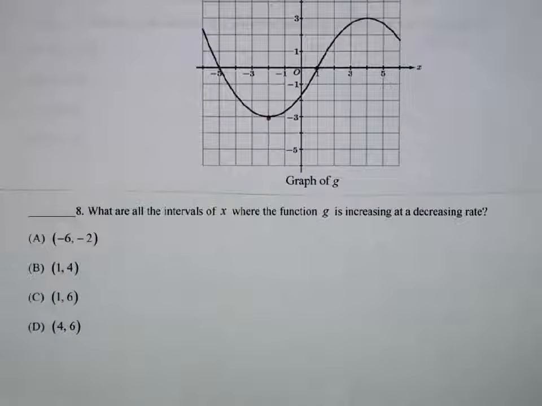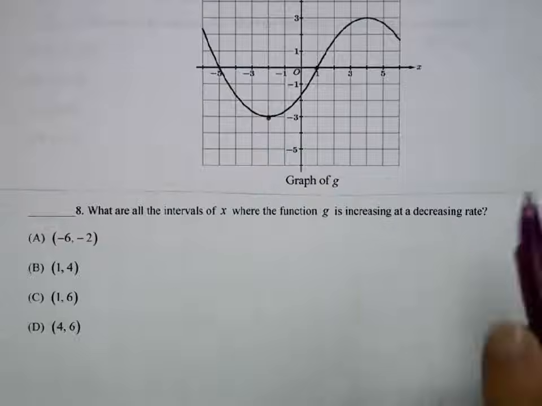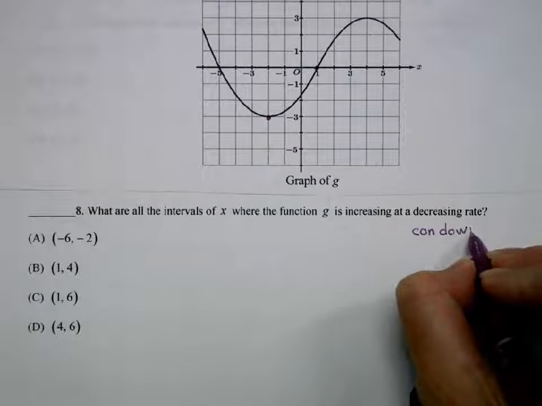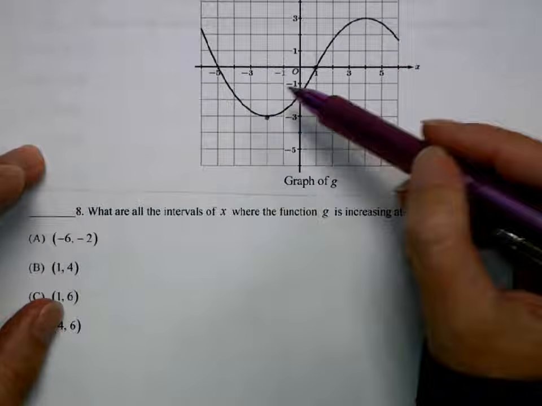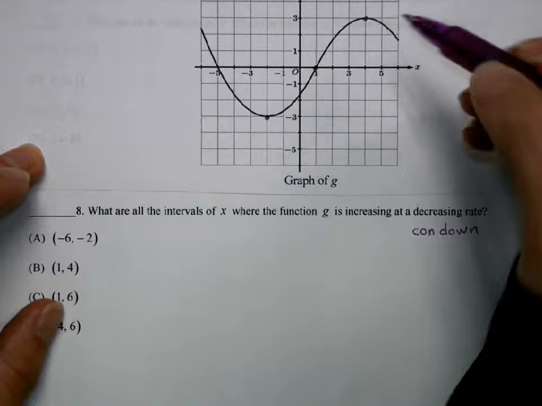Same graph. Now we're looking for where the graph is increasing at a decreasing rate, which means we're looking for it to be concave down. So still increasing here, but it's increasing and concave down from 1 until we get to 4.